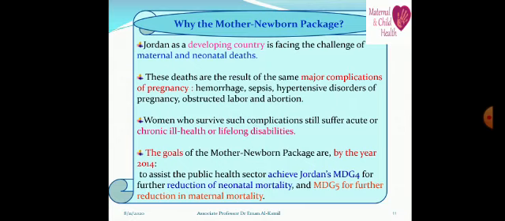Some are at risk of difficult or obstructed labor, which sometimes ends in cesarean section, if there are different factors which make it difficult for the child to pass through the birth canal. So they have an emergency cesarean section.